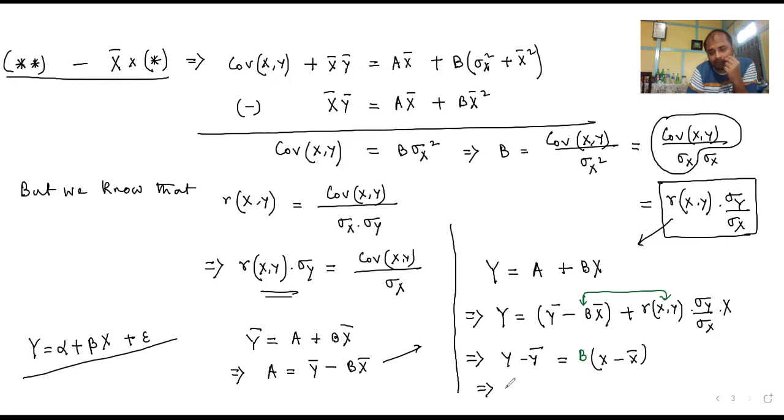Or you can resubstitute the value of b, and you can put rxy into sigma y by sigma x into x minus x bar. This is the regression equation of y on x.